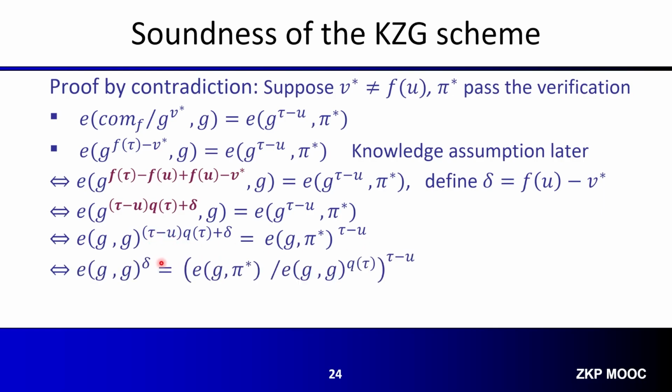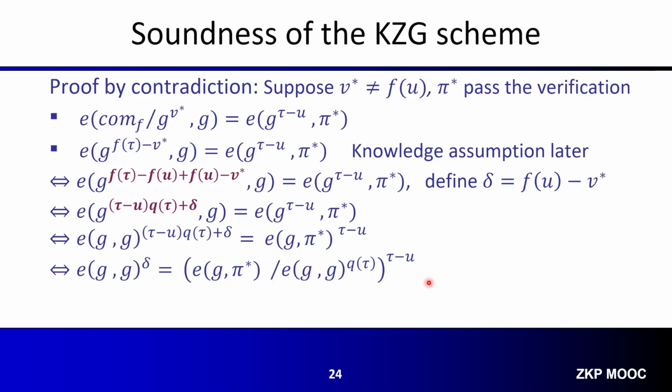So we can actually combine these two terms together. By dividing this leading term in the front on both sides, we get e(g, g) to the power of delta equals to e(g, pi star) divided by e(g, g) to the power of q of tau, together raised to the power of tau minus u, because they both have a common factor of tau minus u.